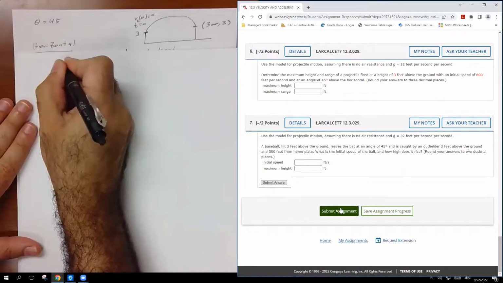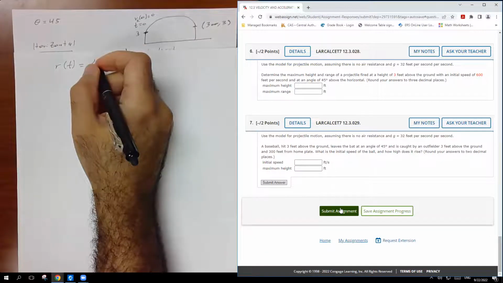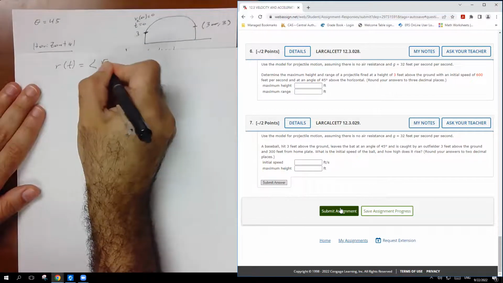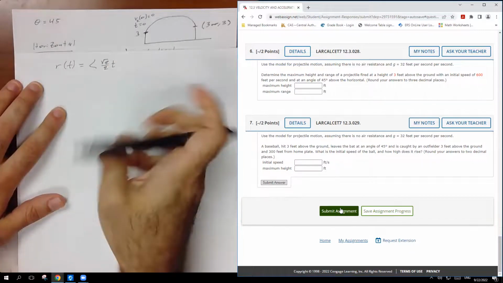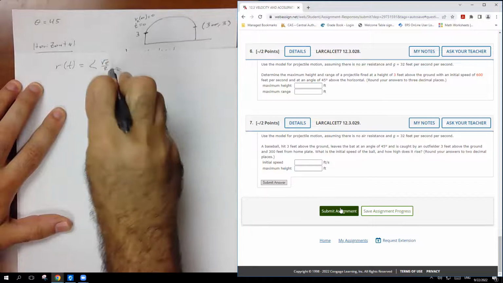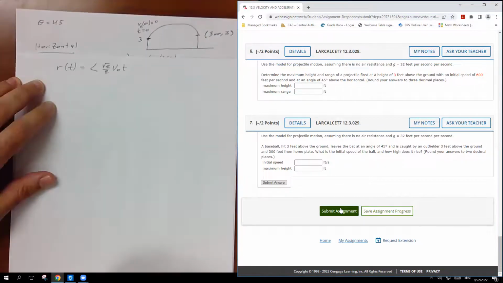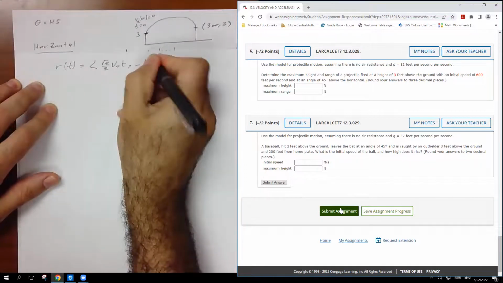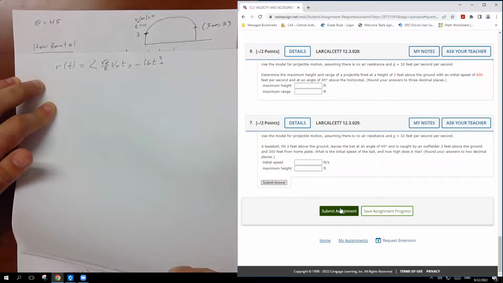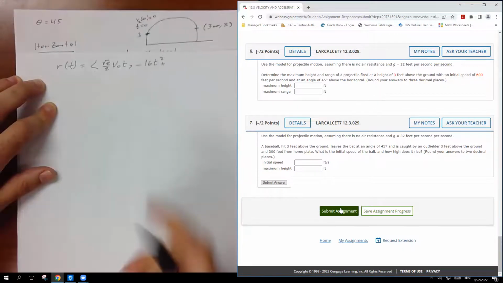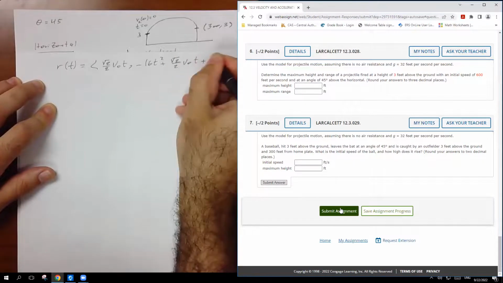The position vector is what I got, square root of 2 divided by 2 v naught t, and I got negative 16t squared plus square root of 2 divided by 2 v naught t plus 3.